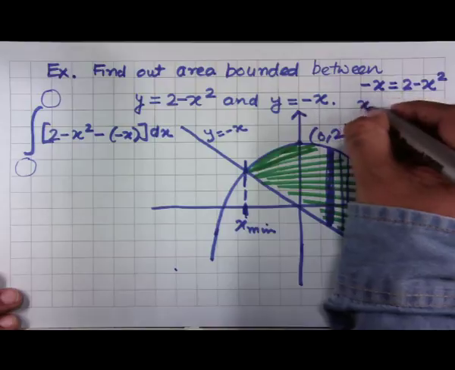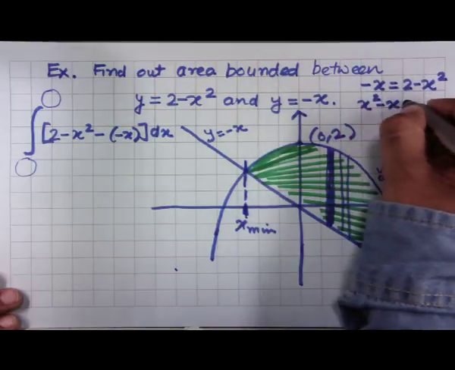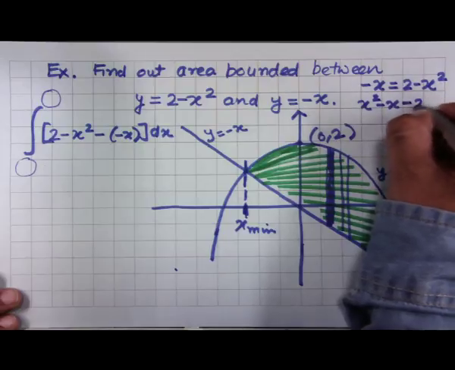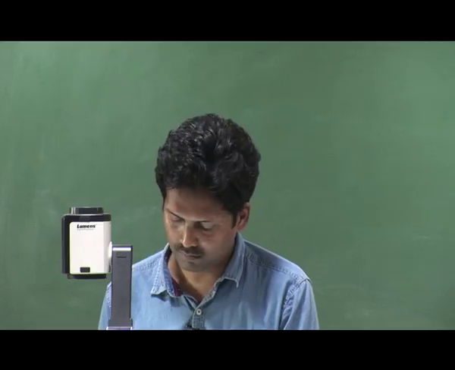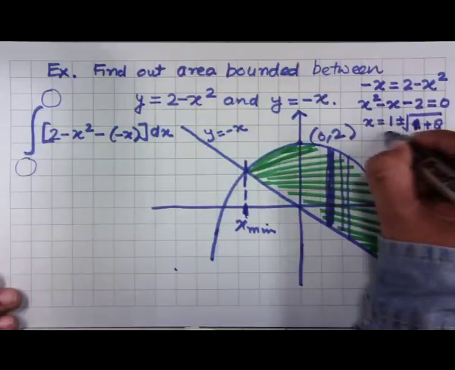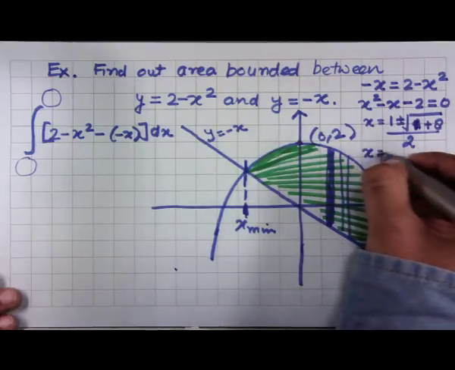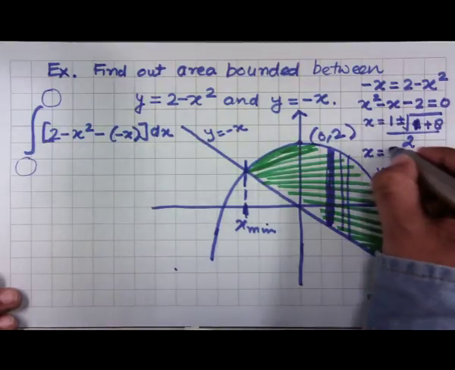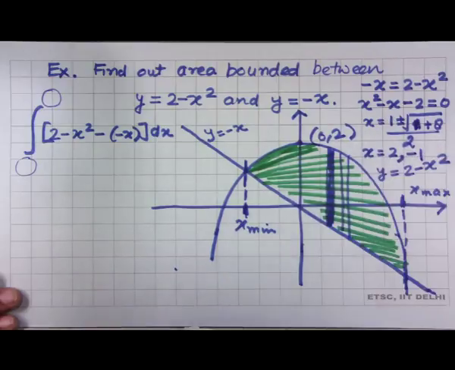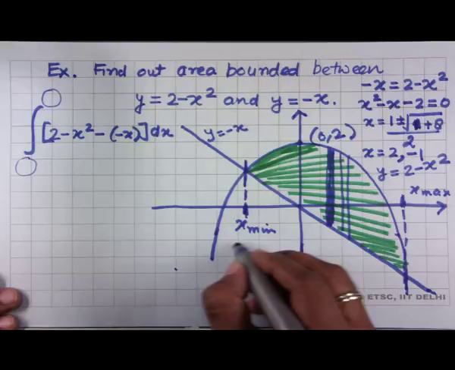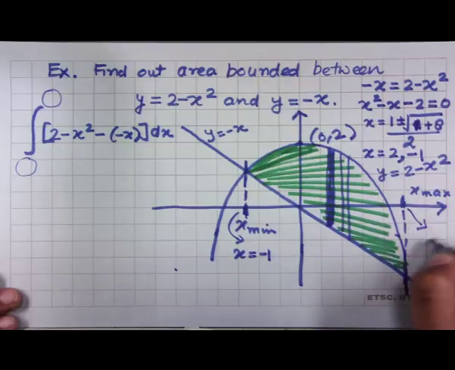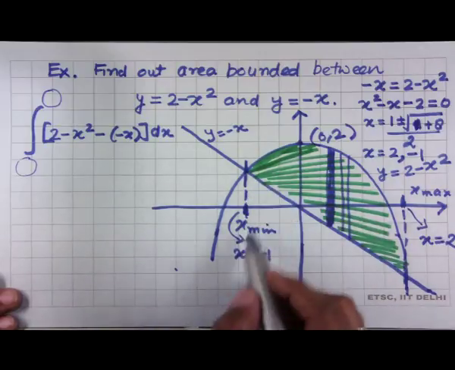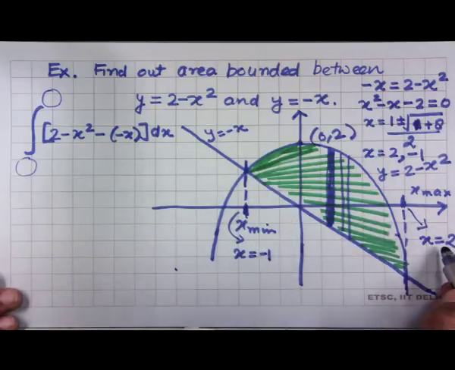So, we get x square minus x minus 2 equals 0. So, the values of x will be 2 comma minus 1. So, x minimum is minus 1 and this is 2. So, this entire shaded area lies between x equals minus 1 and x equals plus 2.